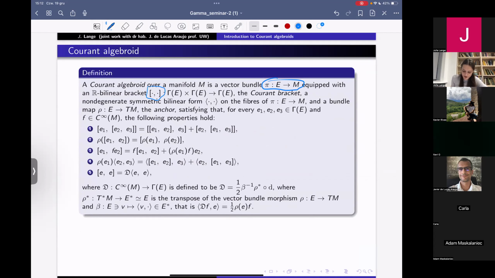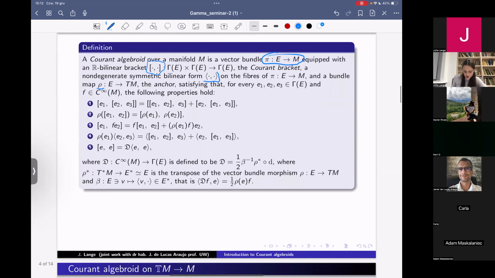We are also equipped with a symmetric bilinear form, and as before, we are given this anchor map, which goes from E to TM. There are several conditions which need to be satisfied, which define a Courant algebroid. You can show that condition number 2 is just a result of conditions 1 and 3, but we usually write it to clarify things.